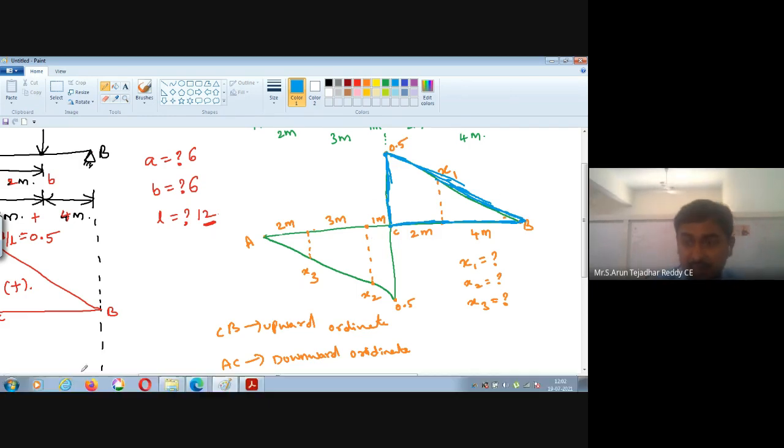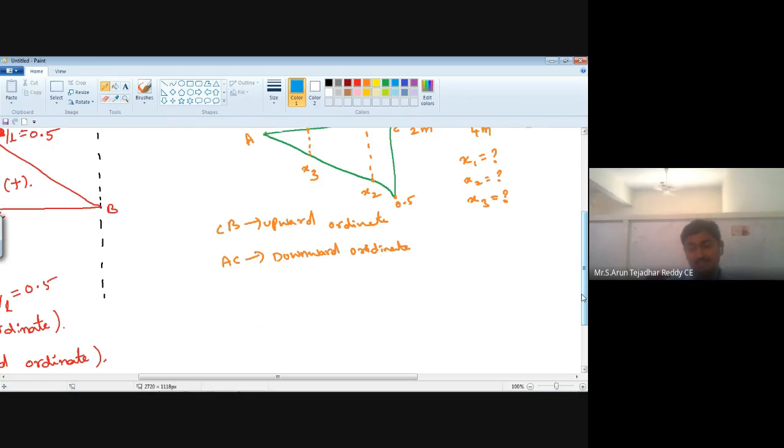In this triangle, generally what is the formula? That is perpendicular by base. This is our formula for the similar triangle concept.